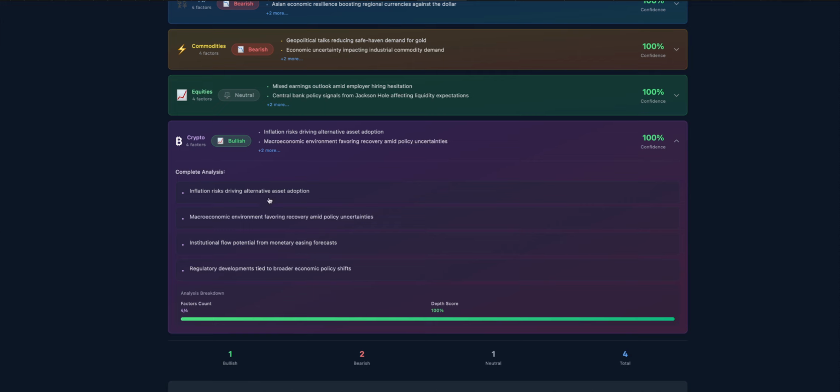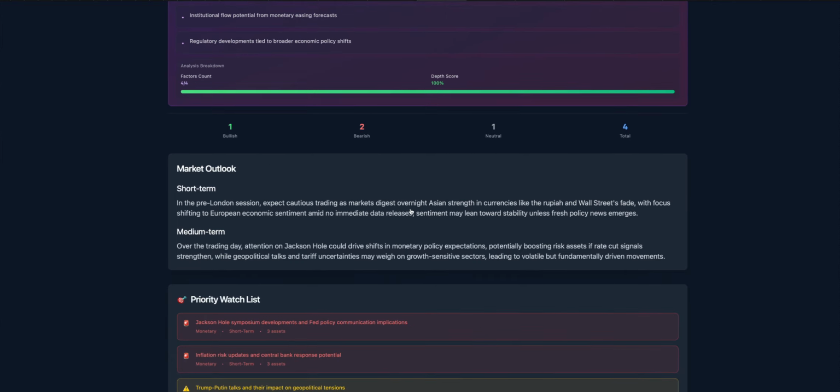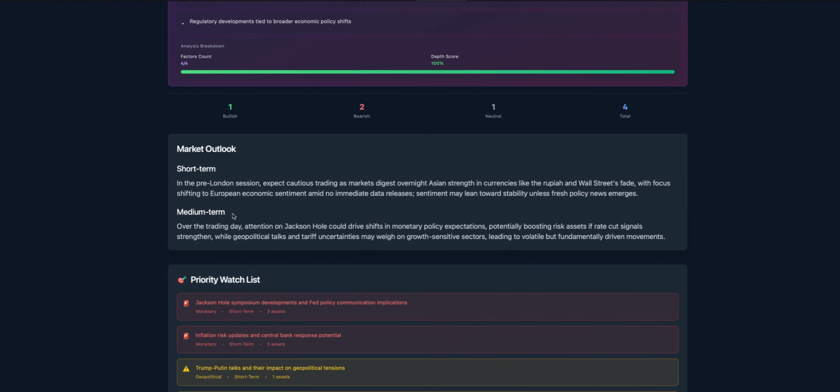These factors are going to remain more or less constant until the major market themes move. This is the current short-term and medium-term outlook that you can utilize for today's price action on Bitcoin and Ethereum. In the pre-London session, expect cautious trading as markets digest overnight Asian strength. Medium term, over the trading day, attention on Jackson Hole could drive shifts in monetary policy expectations, and these could lead to severe trend changes, right?